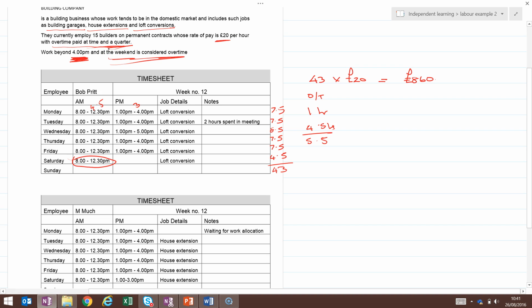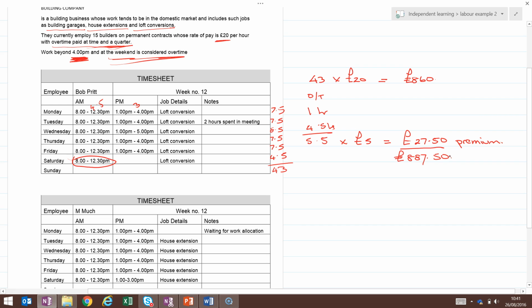So a quarter of 20 is £5. So 5.5 hours at £5 is £27.50. So this is the premium. And if we total it up, in total Bob earned £887.50.